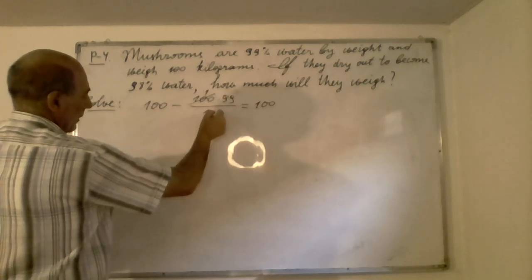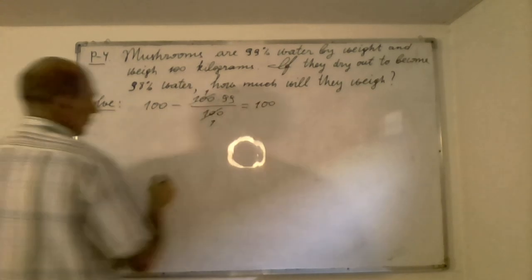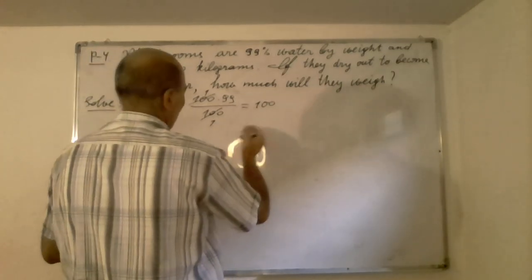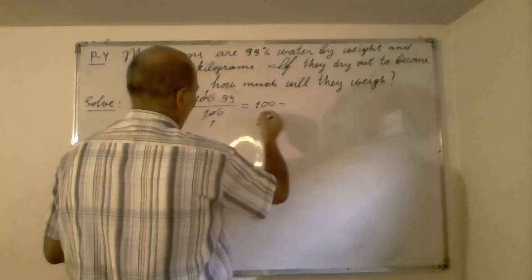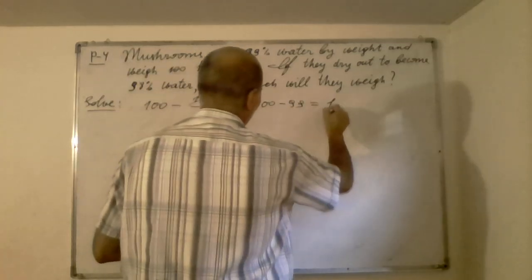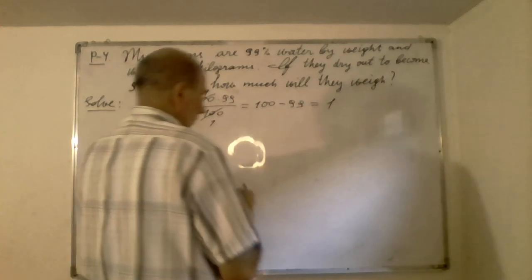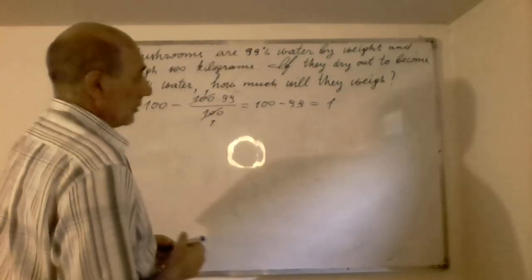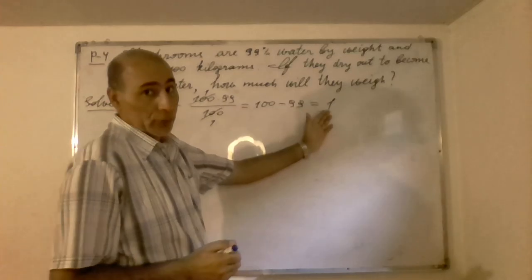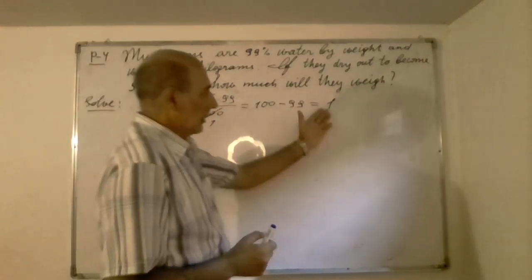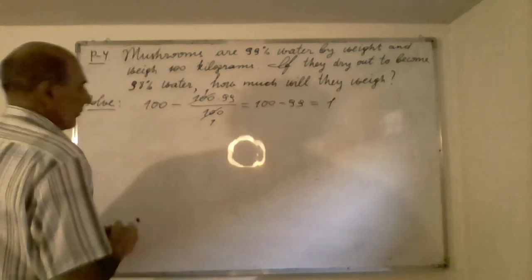And from this expression, we can write 100 minus 99, which equals 1. And we have found 1 kilogram of dry mushrooms.